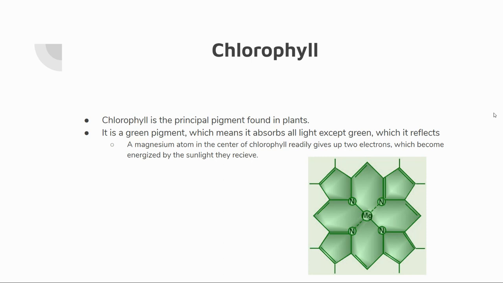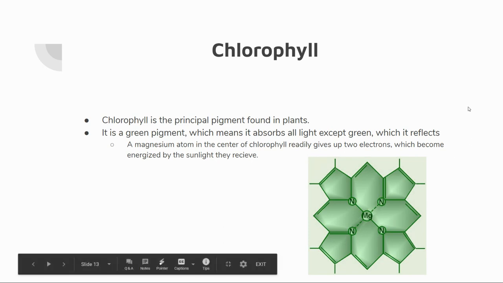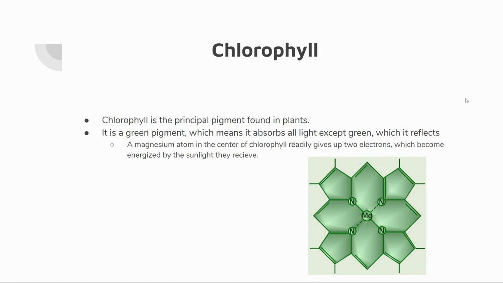And that is why we see green for most of the year, most of the growing season rather, when we look at plants. Within chlorophyll, there's a magnesium atom at the center that readily gives up 2 electrons, which become energized by sunlight that they receive. And these electrons in magnesium will power the ETC, or electron transport chain.